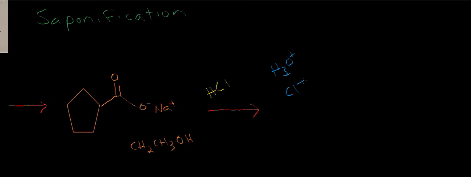After that, what will happen is you have a bond right here. I can draw this little mechanism for you. These electrons here come off and go on that oxygen.